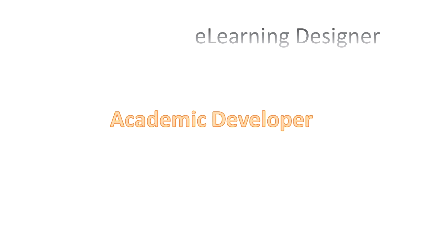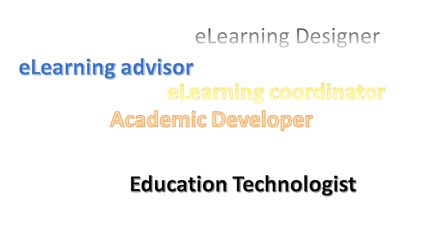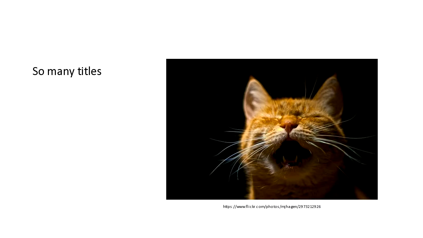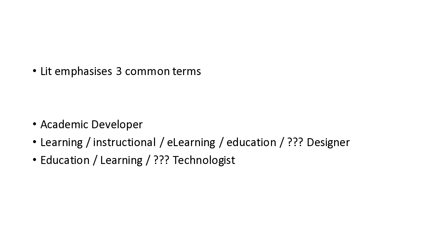But as you've seen, there are a lot of different titles being bandied around in this space. So many titles. Kate and Chia and I have been working on a concise paper for Ascilite 2017.